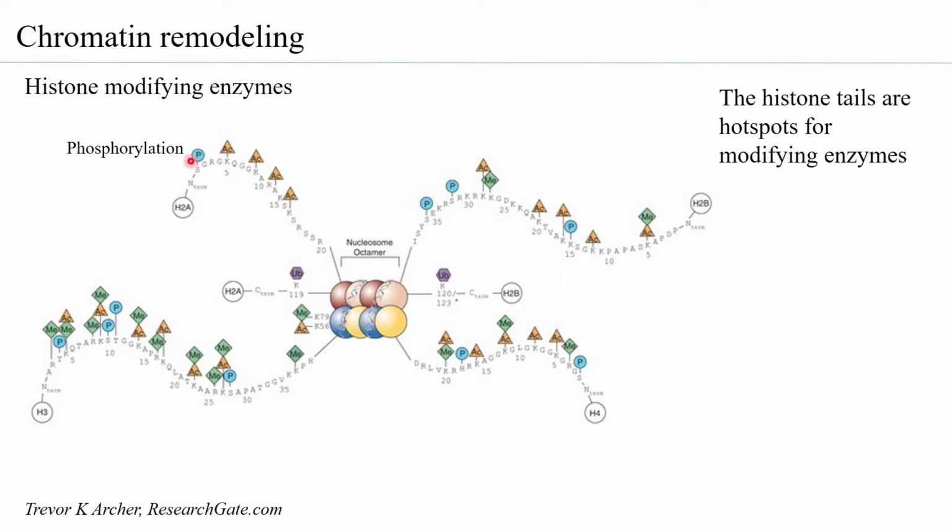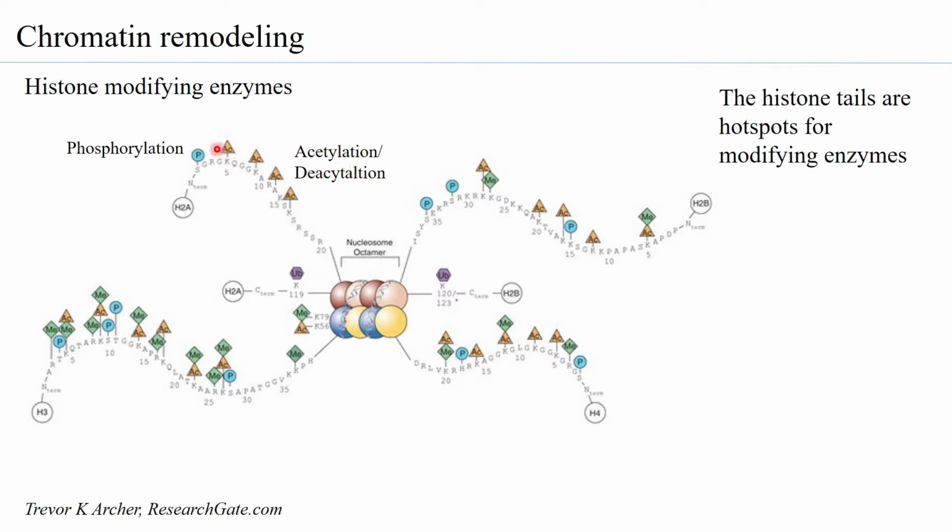So you could have phosphorylation on serine residues or tyrosine residues. You can have acetylation on the lysine residues. The acetylation is carried out by enzymes called histone acetyl transferases, in short called HAT. And you can have enzymes called histone deacetylase, that is HDAC, and either of the two is reversible.